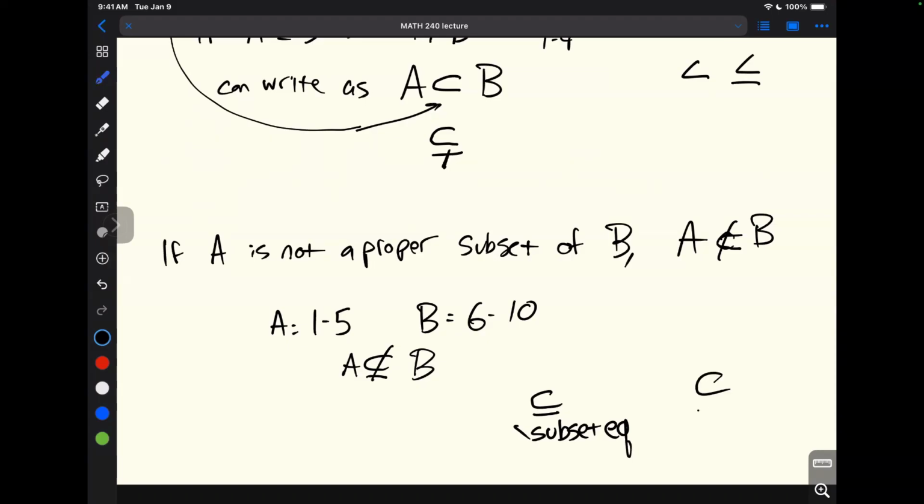This is just \subset. I don't remember the command for that one. I'm sure it is similar. Wait, hold on. Let's find it.